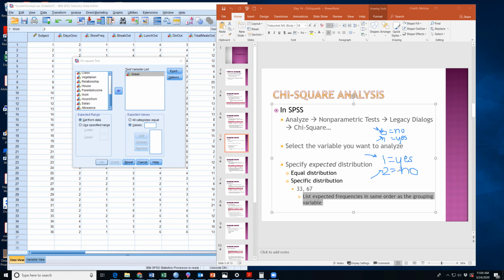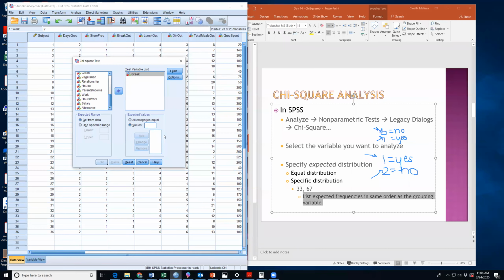Our data is coded 1, yes Greek, 2, not Greek, so we tell SPSS that we expect 33% of people to say yes. You do not enter a percent, you don't enter .33, you just type 33 and click add. Then we expect 67% of people to say no, so just type 67 and click add.